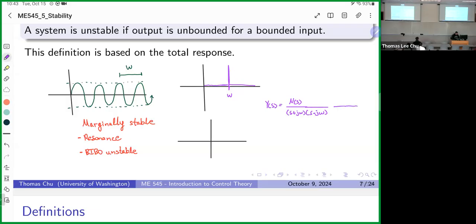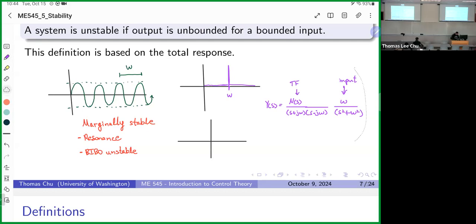Then my input is also a sine input, which would be s squared plus omega squared. Doesn't matter if it's sine or cosine, but that's my input. This is my transfer function.